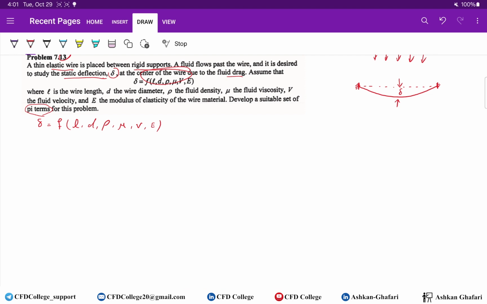So first step, make a list of the variables and their units. So first one is delta, second one is L, and go this way. 4 is rho, 5, 6, 7.